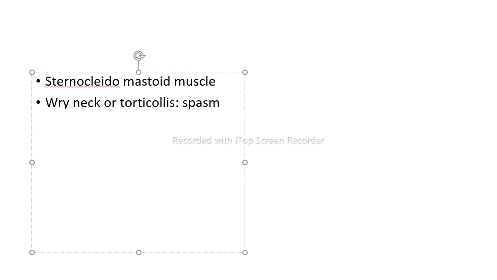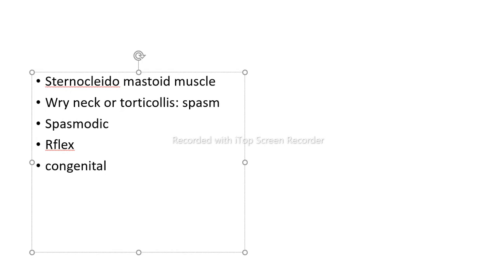There are three types of torticollis: spasmodic torticollis, reflex torticollis, and congenital torticollis. In spasmodic torticollis, there is repeated painful contraction of the trapezius and sternocleidomastoid on one side.